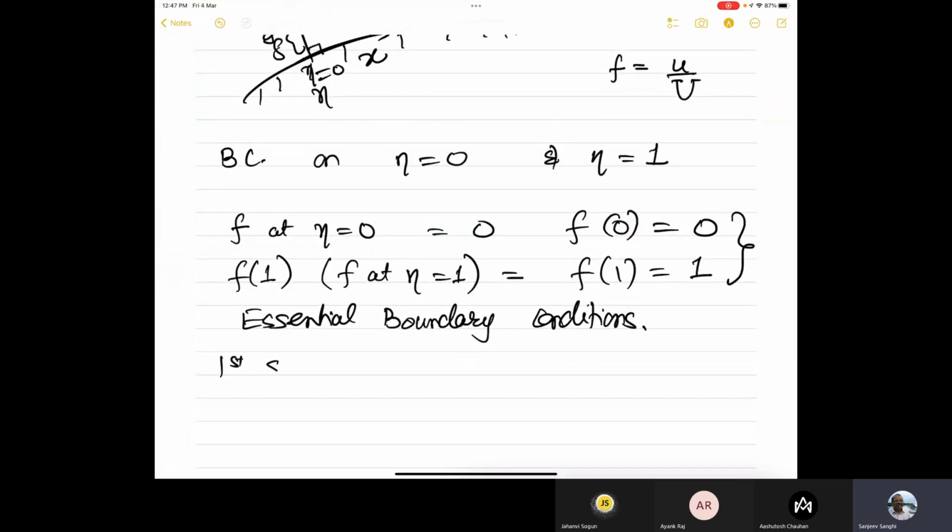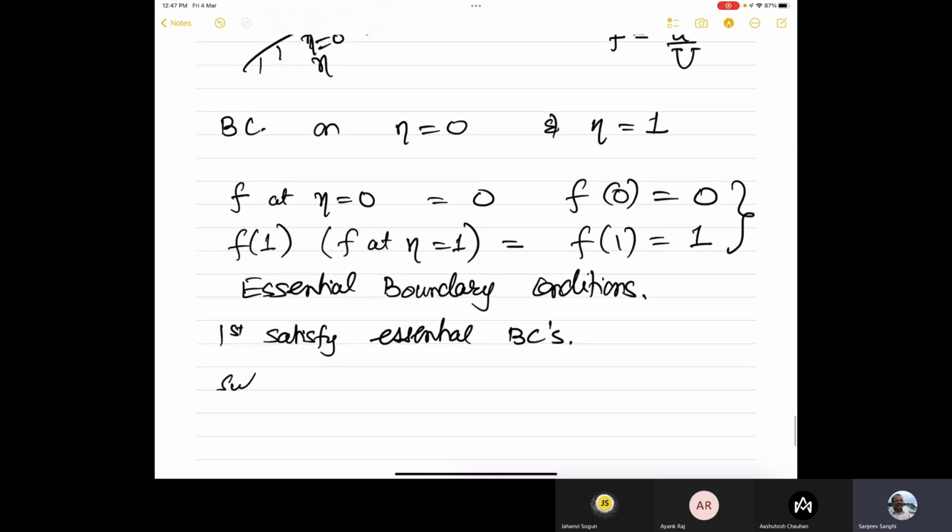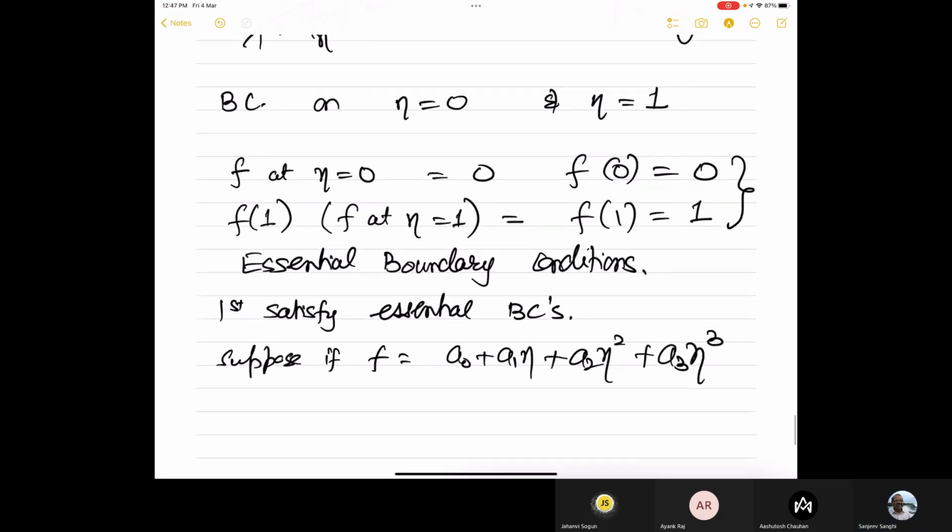So first, satisfy the essential boundary conditions. But suppose we have chosen f as a0 plus a1 eta plus a2 eta square plus a3 eta cube. Now we have four constants, a0 to a3, and we have two boundary conditions.